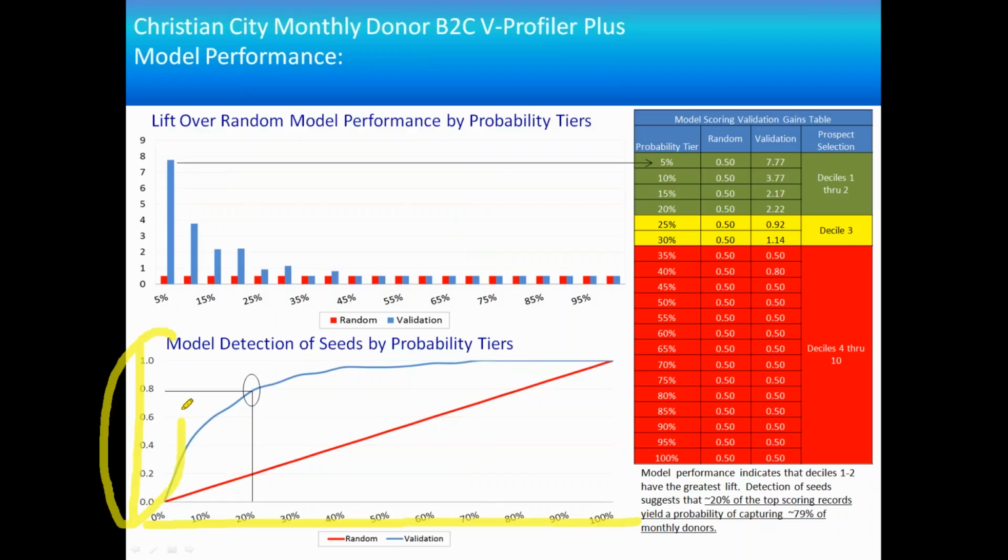If I take these 133 customers and I blindly seed them in with this 302,000 record scored prospect universe, if I don't have a model, I have to go knock on 302,000 doors to find all 133 of these customers. That's what the random red line illustrates.